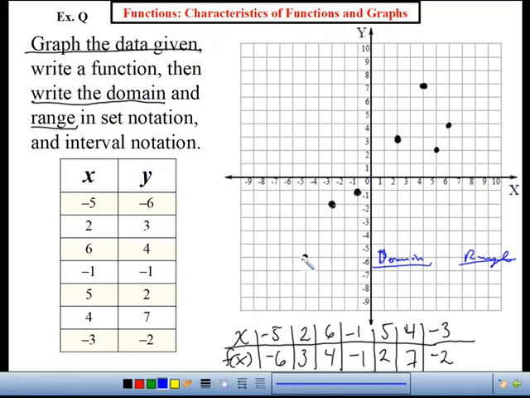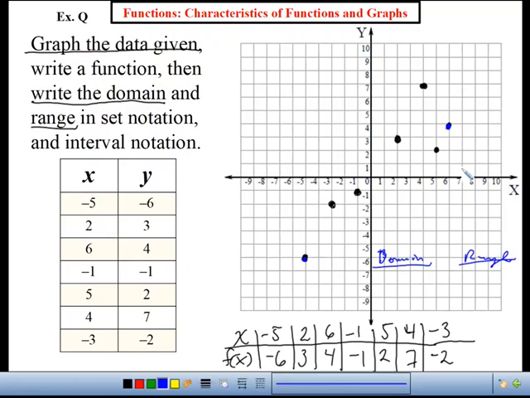Yes, -5, -6. This will be our first point because we read it from left to right. What would be our last point, Addie, going from left to right? 4, 7. No, we're going from left to right. So our first point is -5, -6. Our last point going from left to right would be 6, 4.